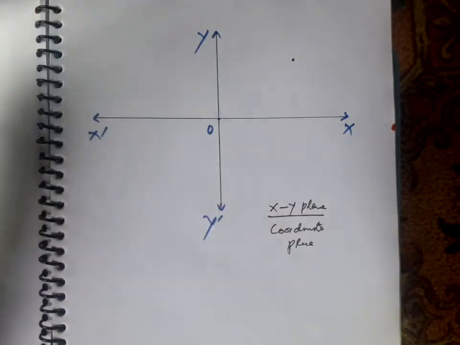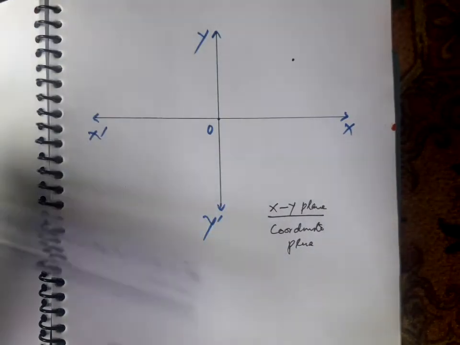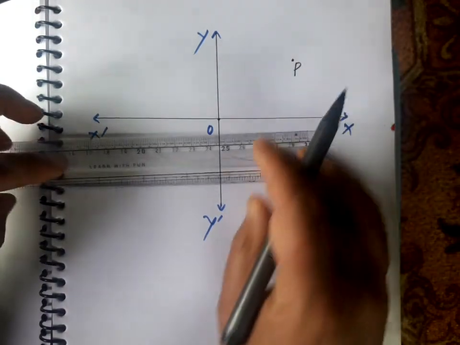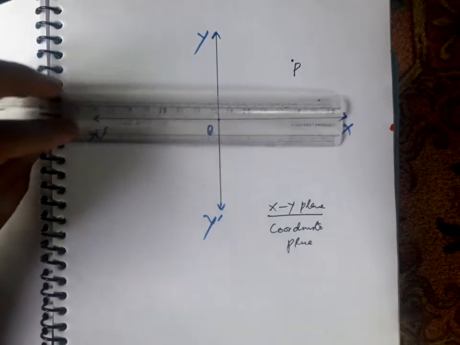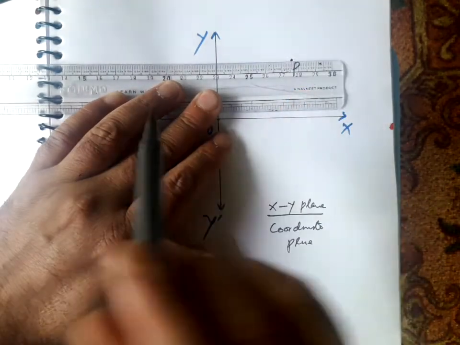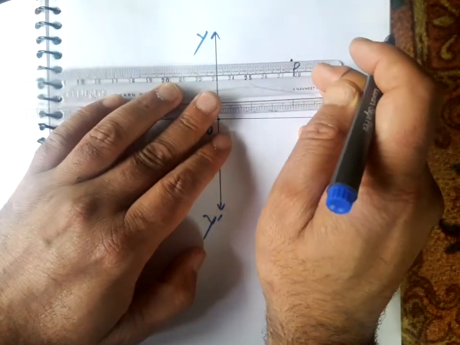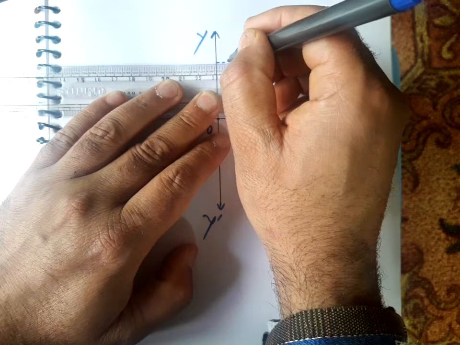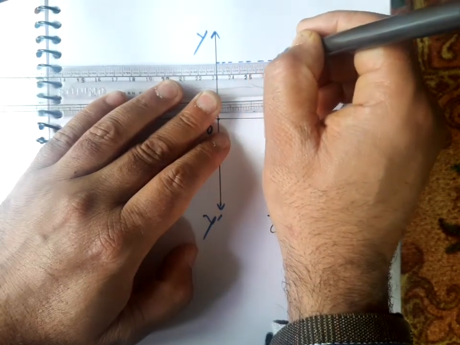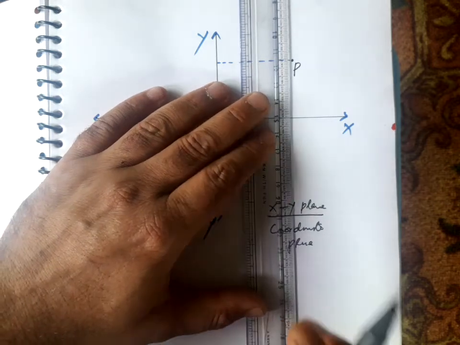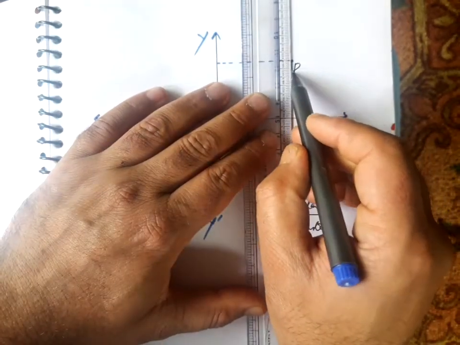So this point P is at a distance. If you draw two perpendiculars from P, we draw a perpendicular on the y-axis like this, and from the same point you draw a perpendicular on the x-axis.